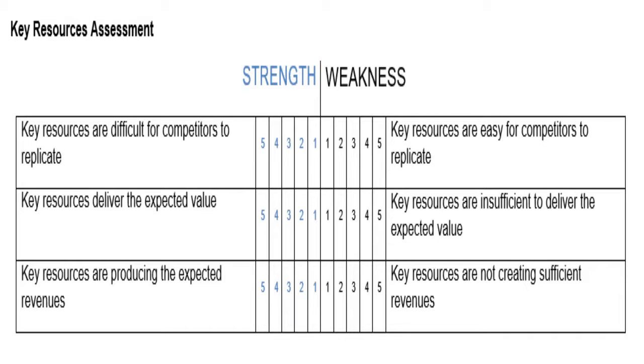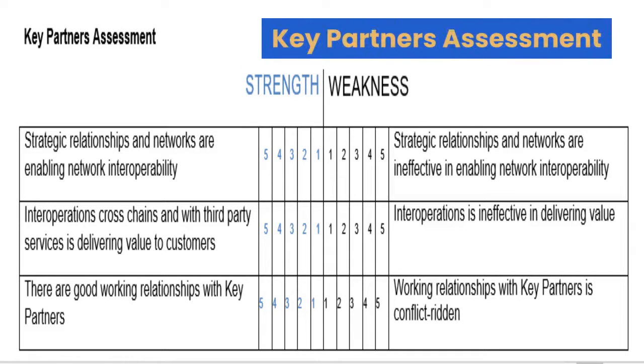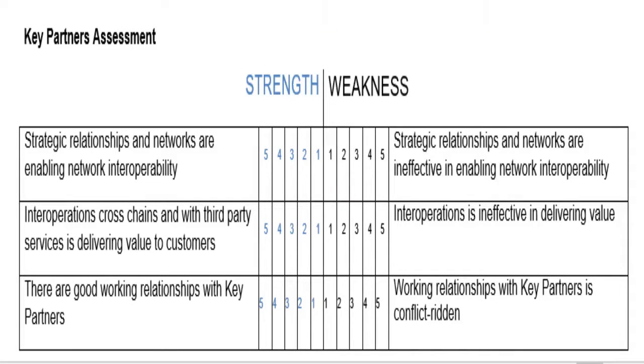Key partners assessment. Strategic relationships and networks are enabling network interoperability versus strategic relationships and networks are ineffective in enabling network interoperability.